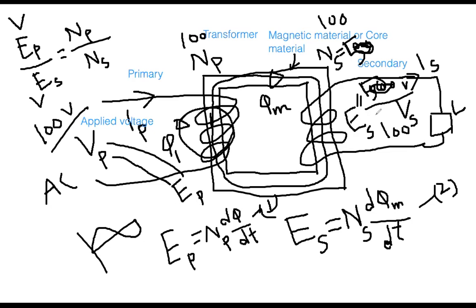As you are noticing, because the voltage magnitude is changing, accordingly the current magnitude will change. But current will be inversely proportional. If you increase the voltage here, then current will decrease. If current is decreased, voltage will increase. Just the opposite thing will happen.